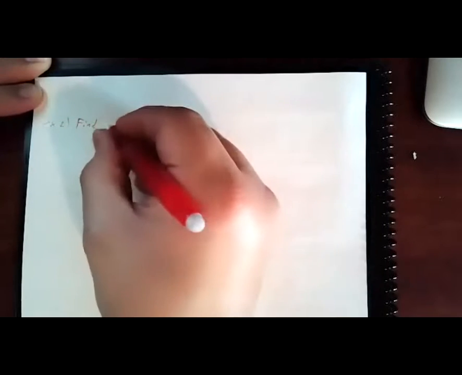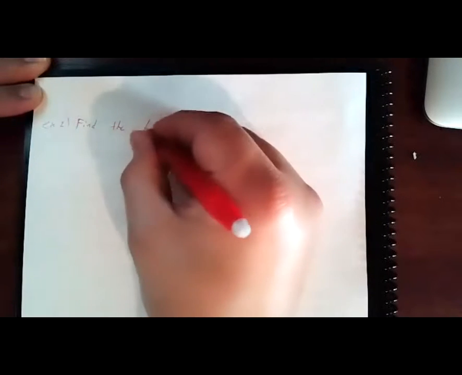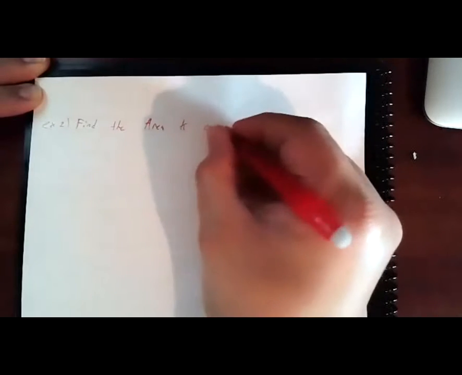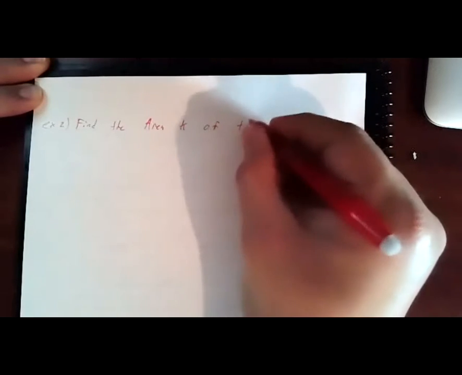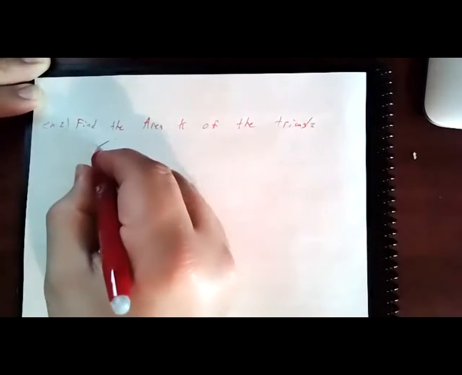Example 2. Find the area K of the triangle. All right, so here's my triangle.